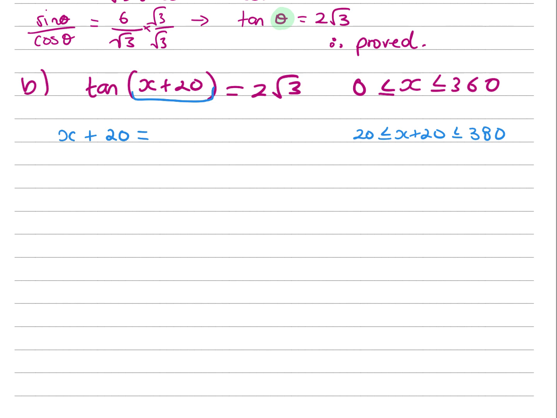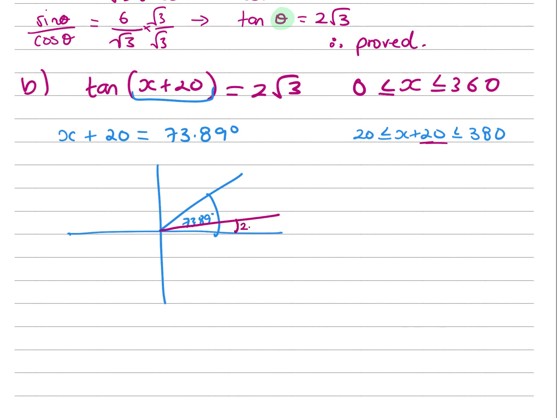I get 73.89 degrees. I'm going to draw my CAST diagram. Okay, this is 73.89. Now in this case, our boundaries aren't going to affect it. This plus 20 means we start at 20, which is here, and finish at 380, which is also then here. This is 20 degrees. So in this case, it doesn't affect it, but it's always good.